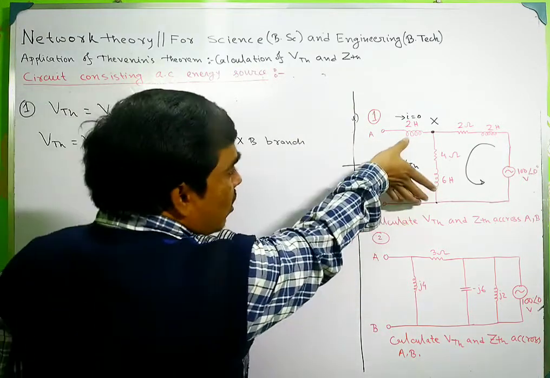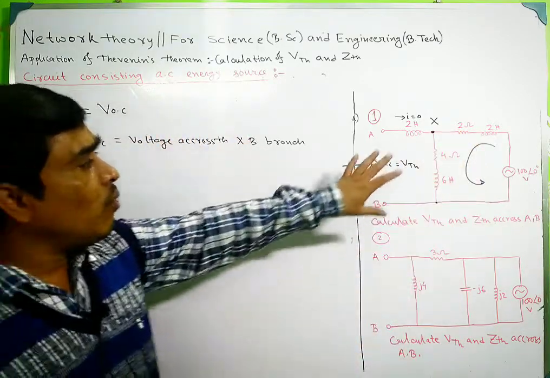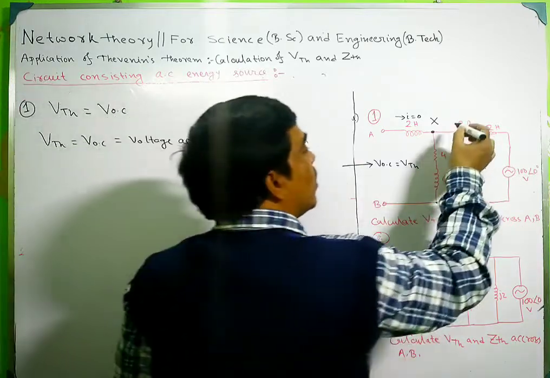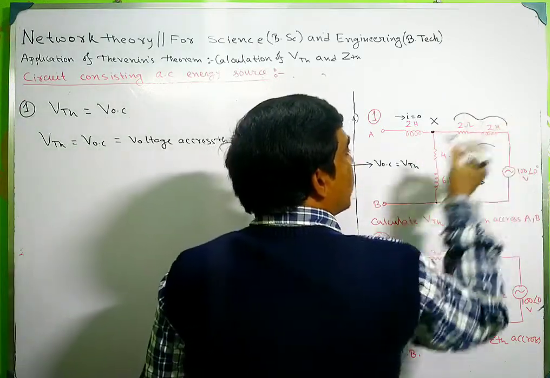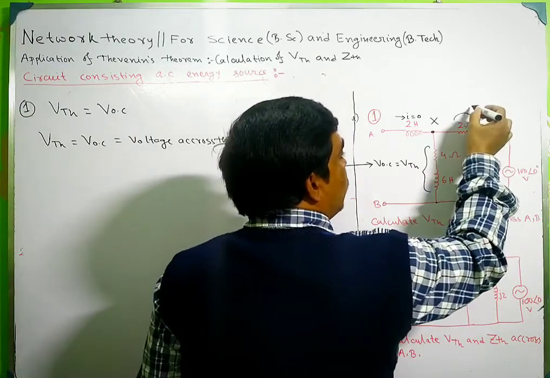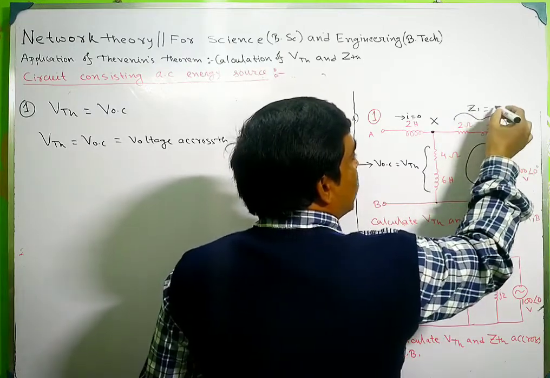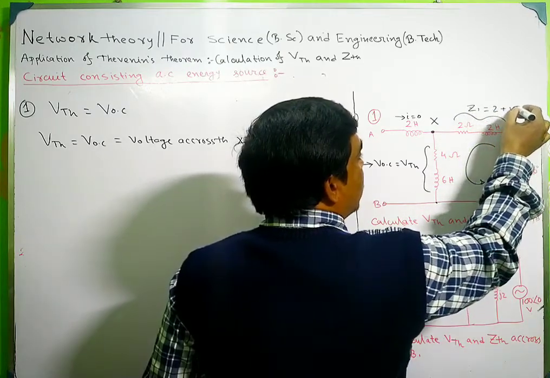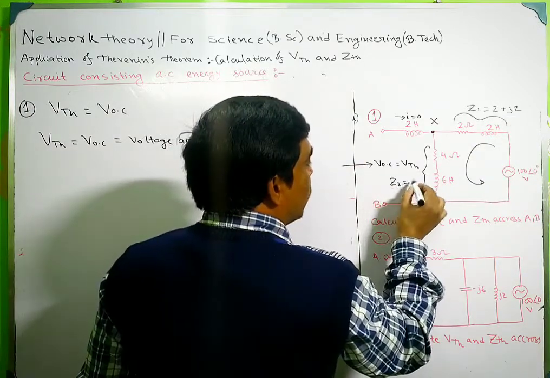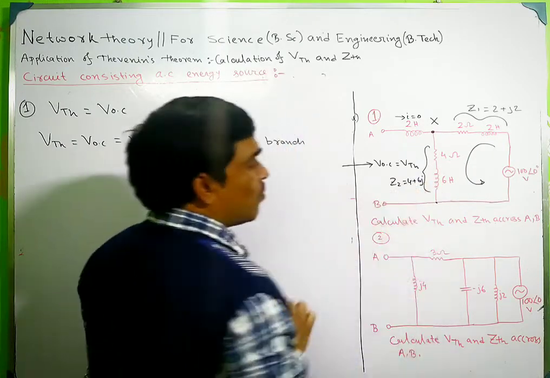So the voltage across this branch can be easily calculated by the voltage division rule. This is one impedance and this is another impedance. Suppose this impedance Z1 can be written as 2 plus j2, and this impedance Z2 can be written as 4 plus 6j.